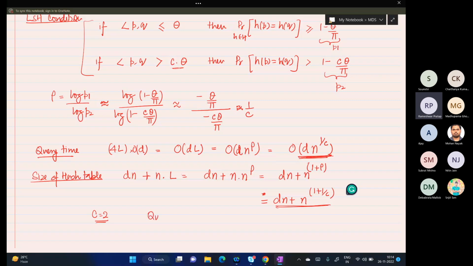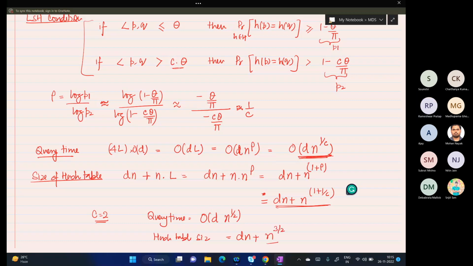The query time is order D root n, n raised to power half, and the size of hash table will be dn plus n raised to power 3 over 2.